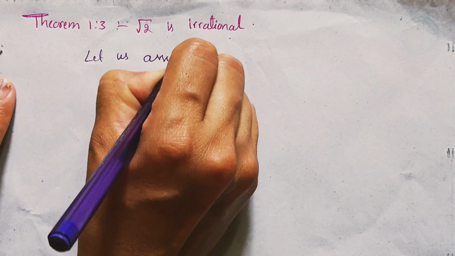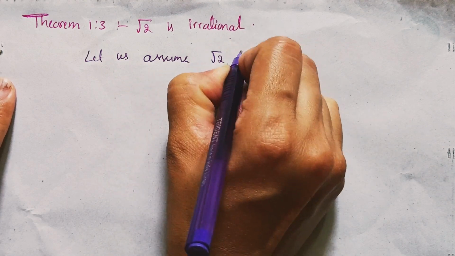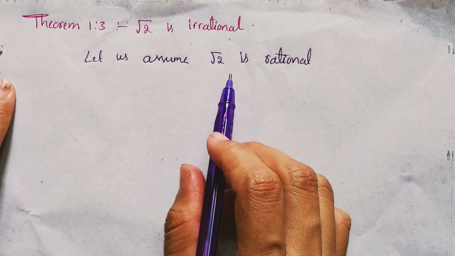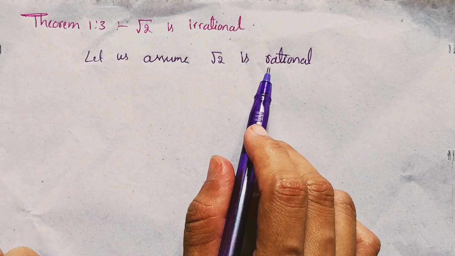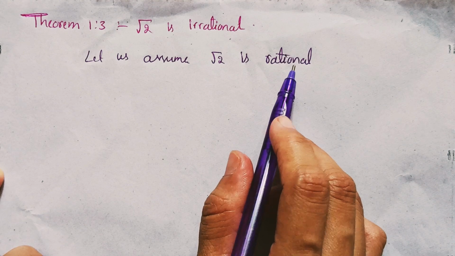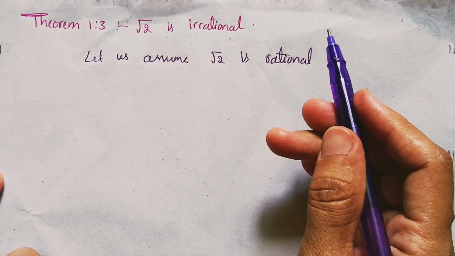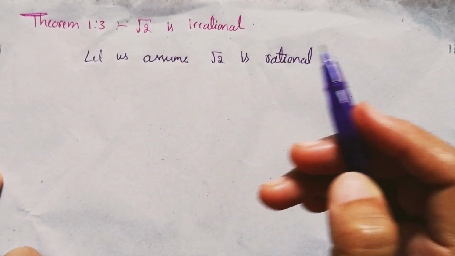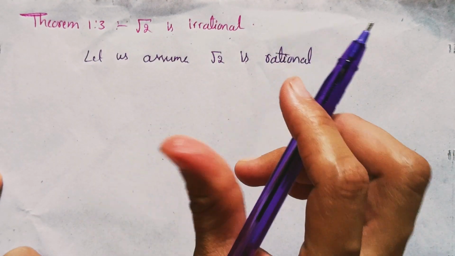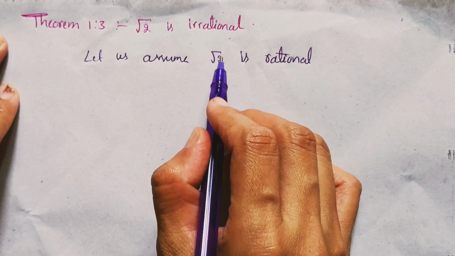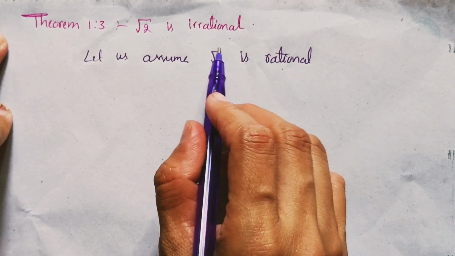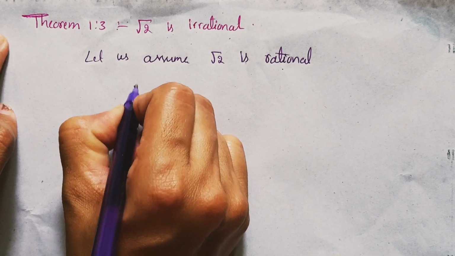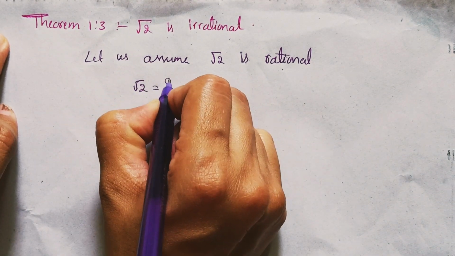If a number is said to be rational, then it should be in the form of p by q. If any number is in the form of p by q, then only we can say that it is a rational number. So if we are treating root 2 as a rational number, then it should take p by q form. For that we are taking root 2 equal to p by q, or else a by b.